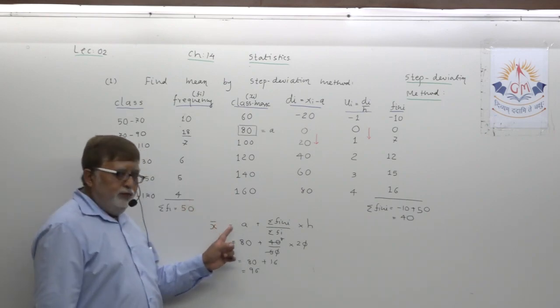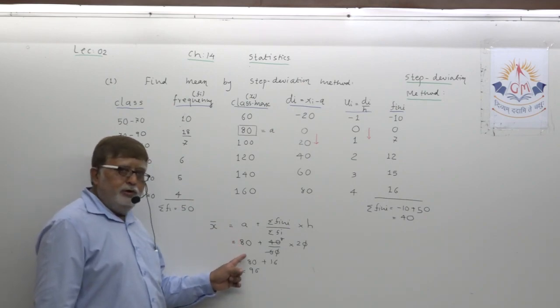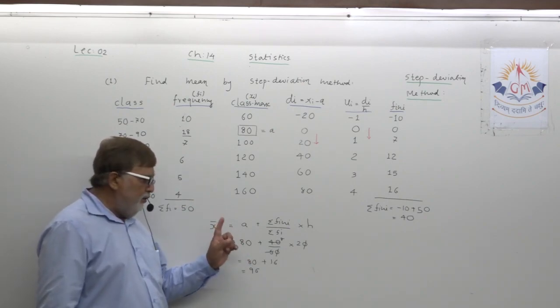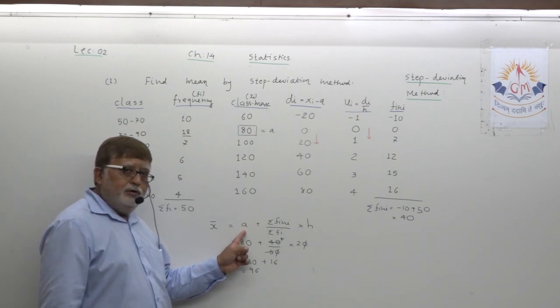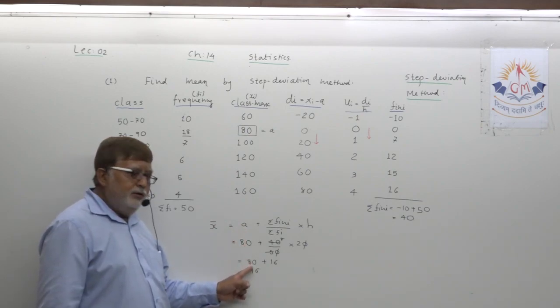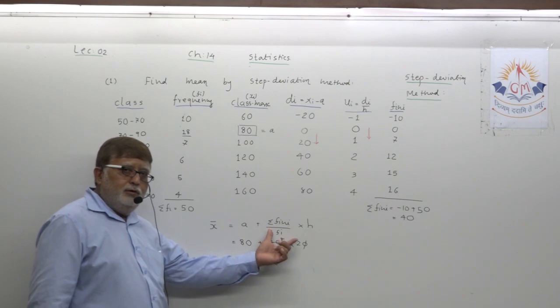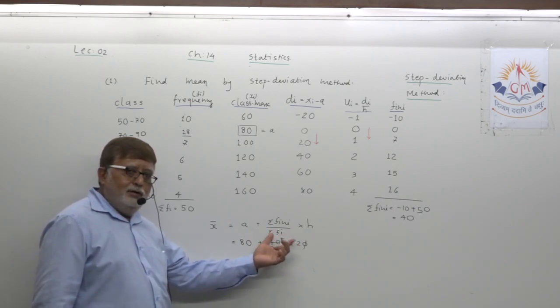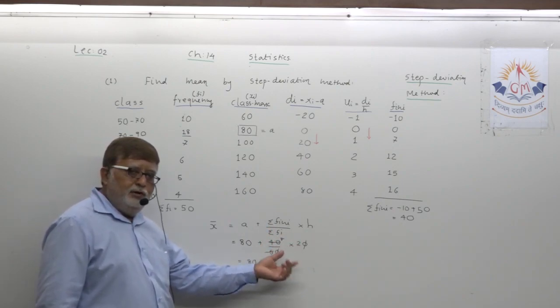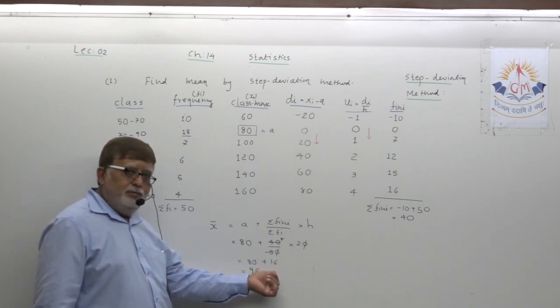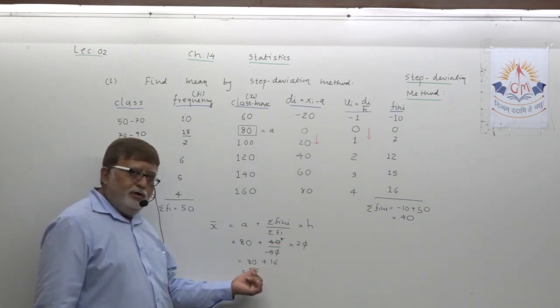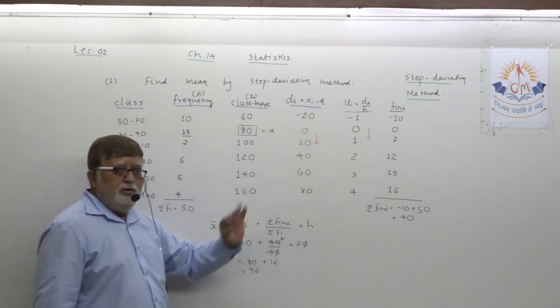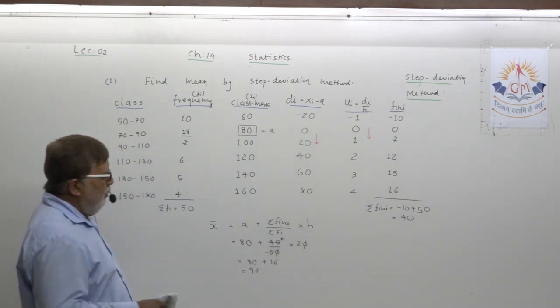New formula, how to substitute the values, and as I always tell you, never touch the value of A till the end. Whatever value you substitute, cancel to the possible level, convert it into decimal, and then either add or subtract, depending on the value of sigma FiUi.